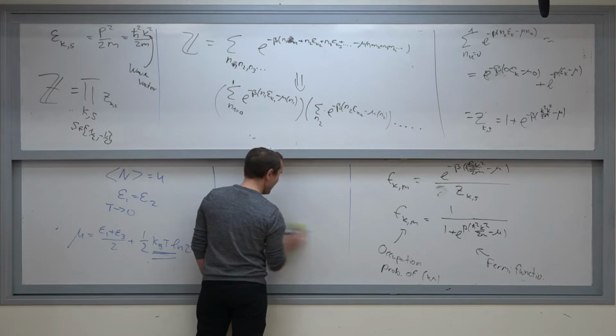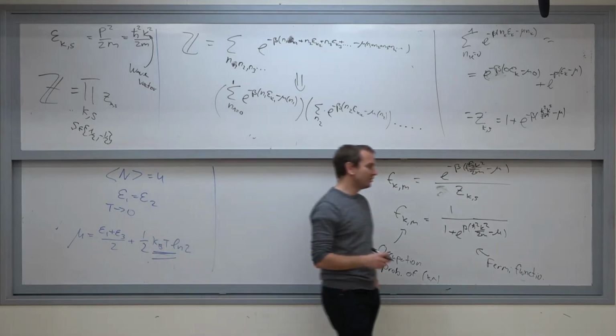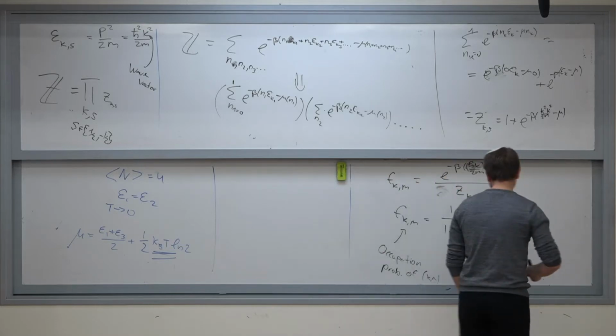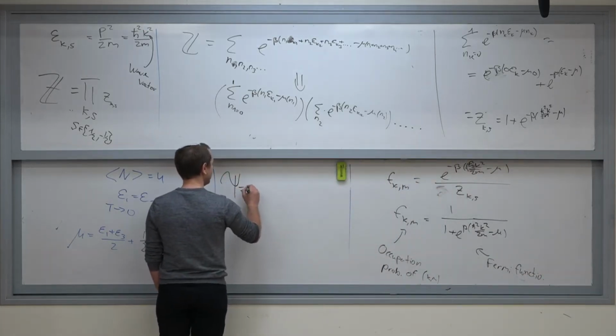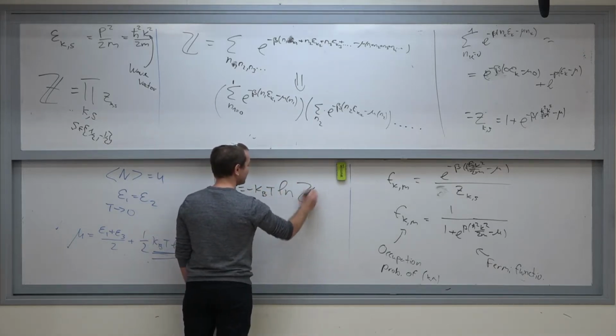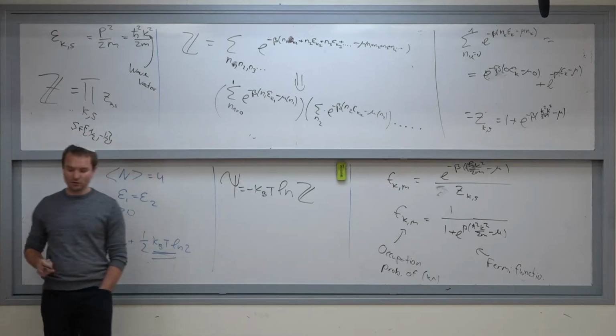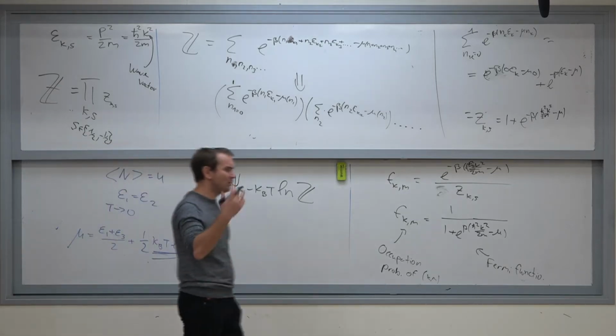Okay, so if we have the partition function, the next step is to calculate the grand canonical potential. What is the grand canonical potential? It is minus k Boltzmann T log of Z. This is how it's defined. This is the state function. The moment we calculate the state function, we know everything else.